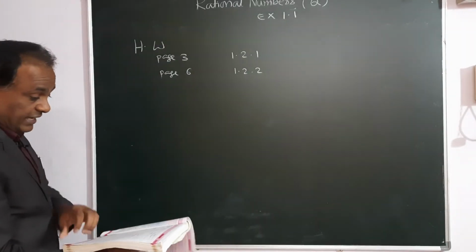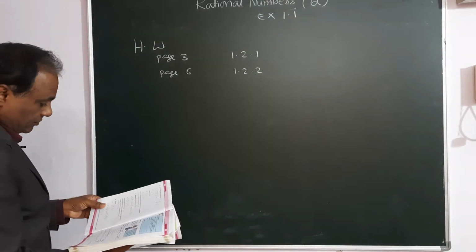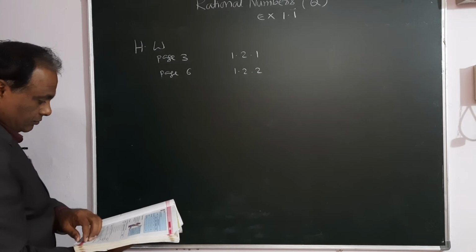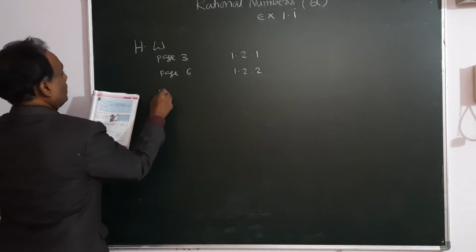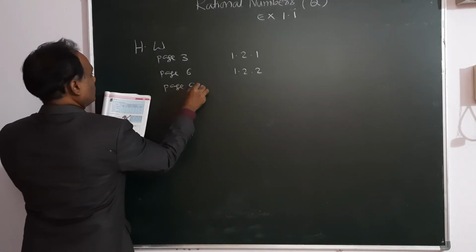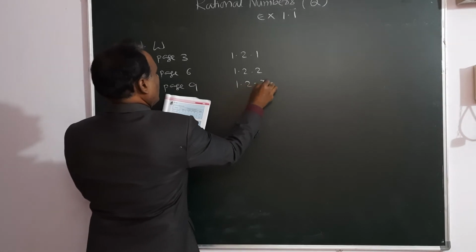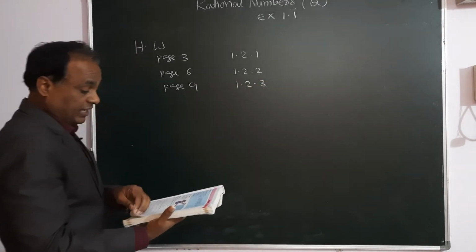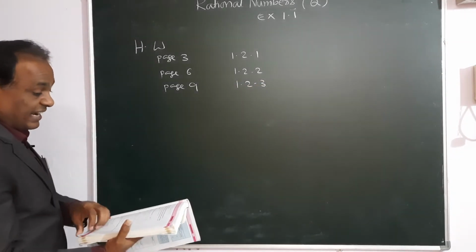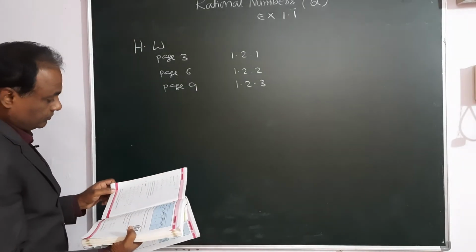Just go through it and read the definition and everything. Page 9, 1.2.3, associative property. Go through all the examples and understand that concept.